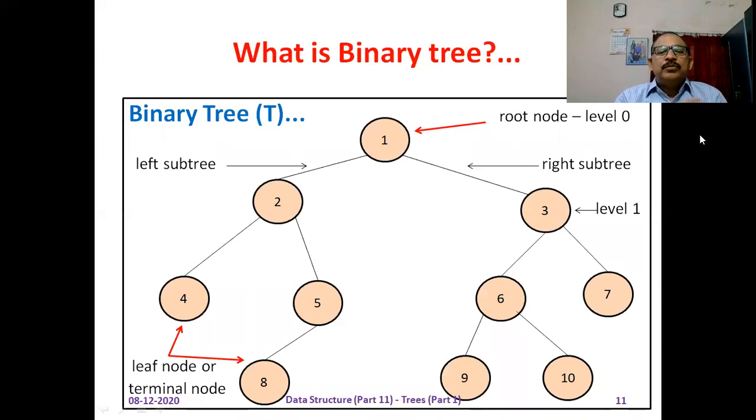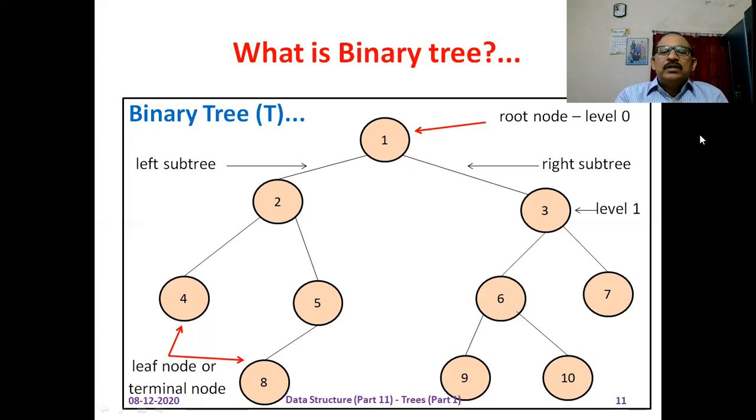Because both have the same level and both have the same parent. Therefore, 4 and 5 are brothers or sibling nodes. In the same way, 6 and 7 belong to the same level and have the same parent node 3. Therefore, 6 and 7 are also siblings or brothers.